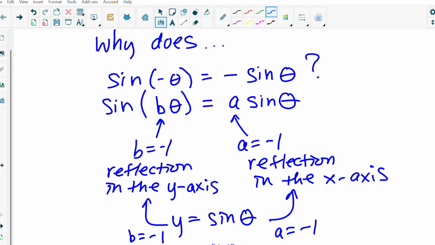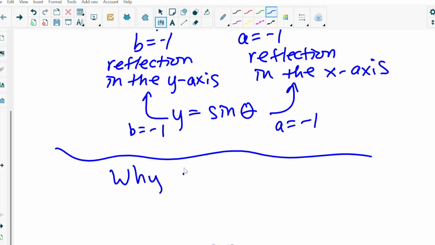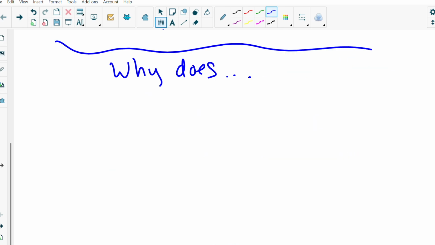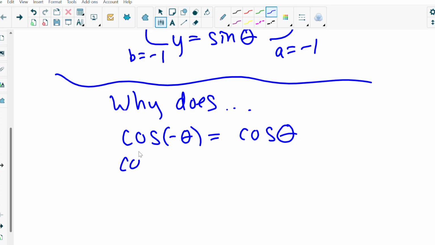Okay, and then let me do the cosine version. So why does cosine of negative theta equal just cosine of theta? So again, cosine of b theta, b equals negative 1.